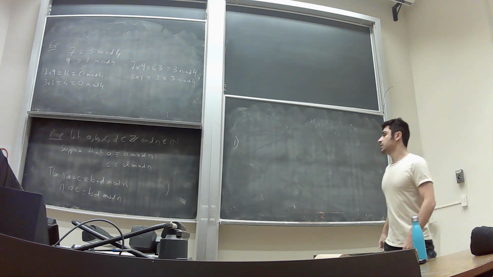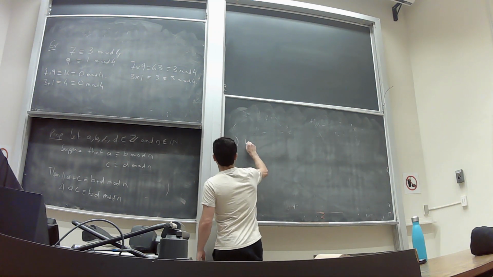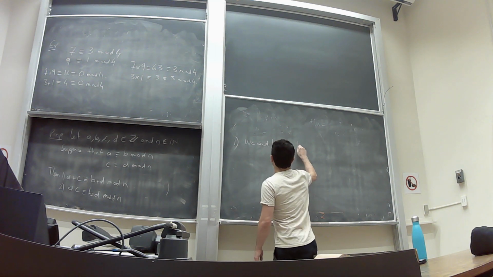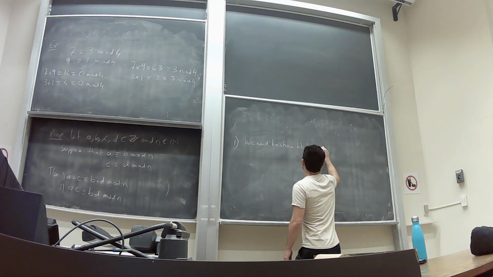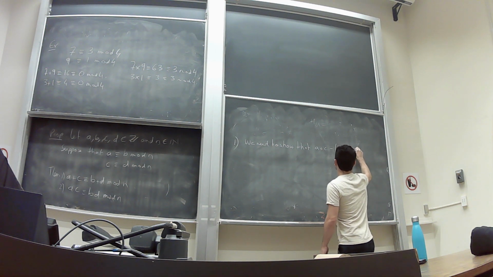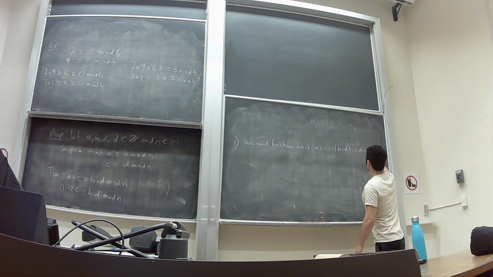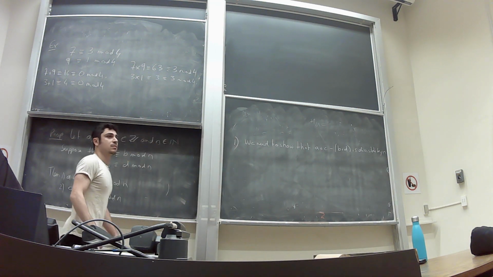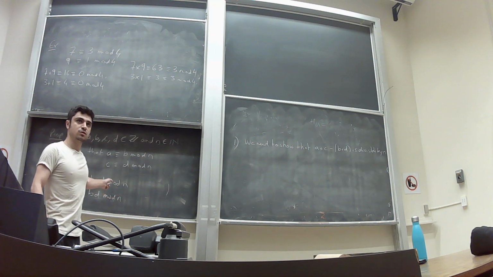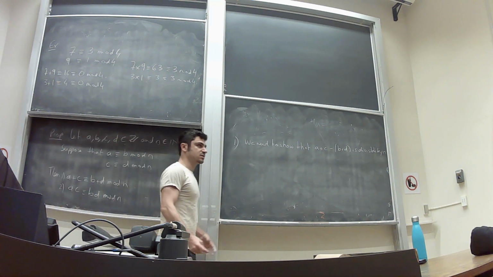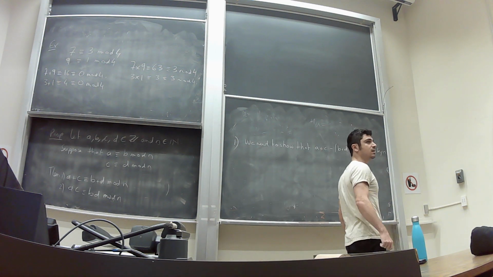Let's have a look at this. We need to show that A plus C minus B plus D is divisible by n. That's what I need to show. To show that the first statement holds, I need to show that A plus C minus B plus D, the difference of these two terms, is divisible by n.